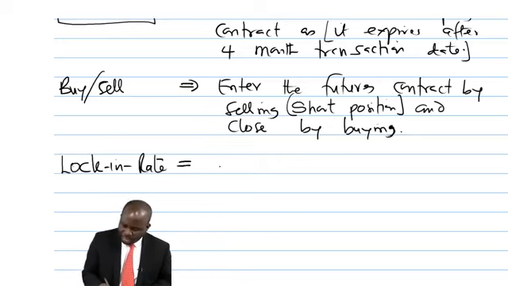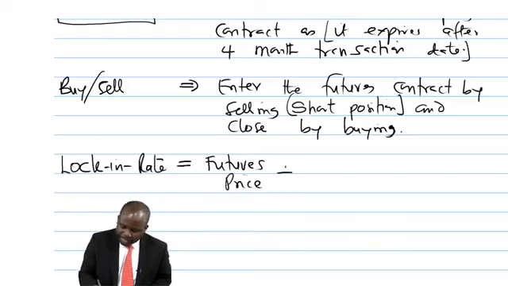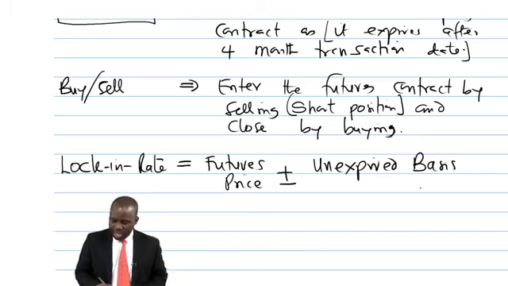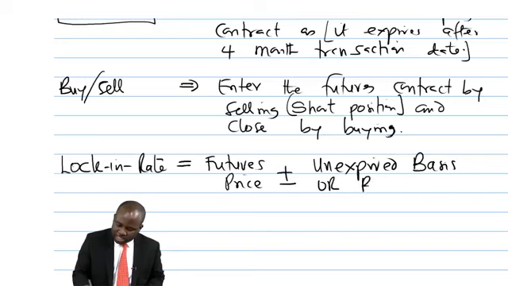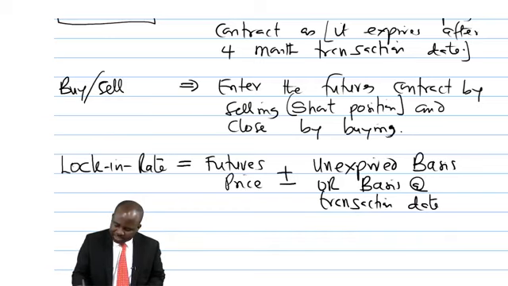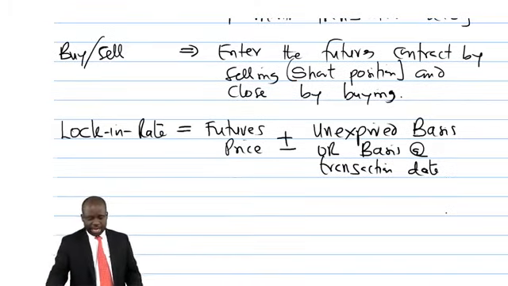It's simply calculated as the futures price plus or minus the unexpired basis. The unexpired basis is also called the basis at your transaction date.